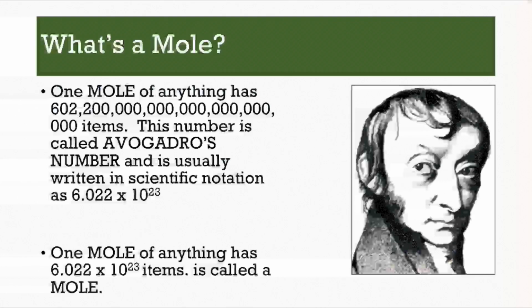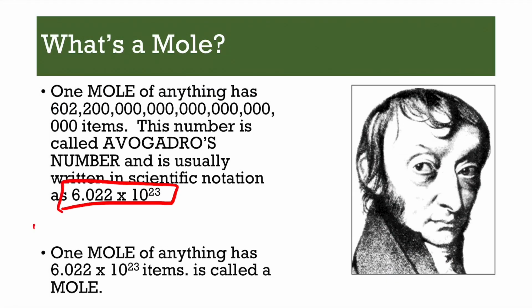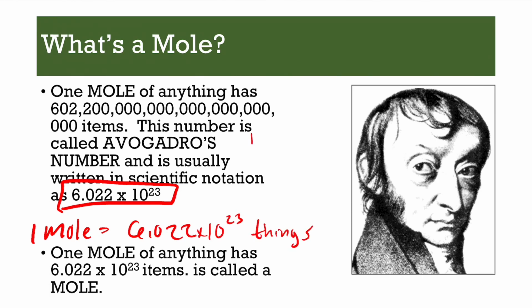Okay. So in the last video we ended off with this. 1 mole is 6.022 times 10 to the 23 things. Just like we know 1 dozen is 12 things, and 1 ream of paper is 500 things, because those are convenient to those things.